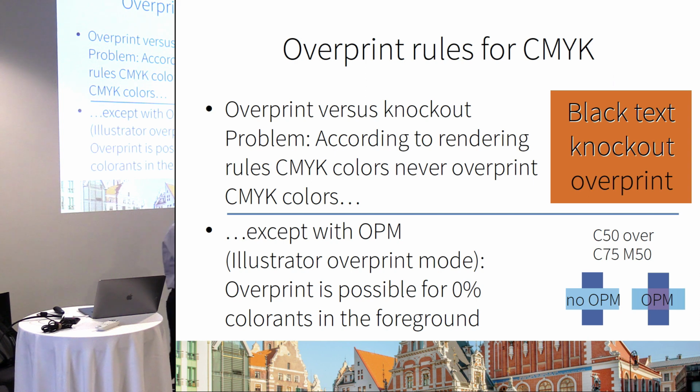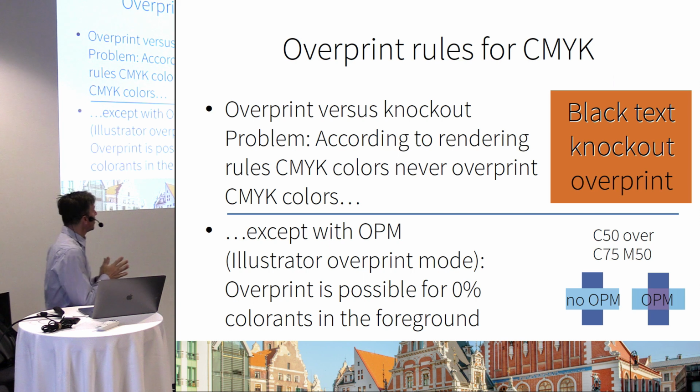And when it's set to overprint and overprint works, then there is no such difference. The black is just in front of an orange background without any gaps in it. The problem here is CMYK can't overprint another CMYK object generally.